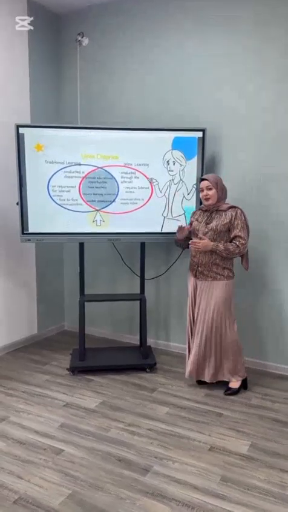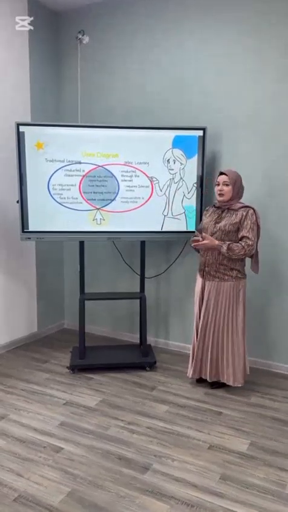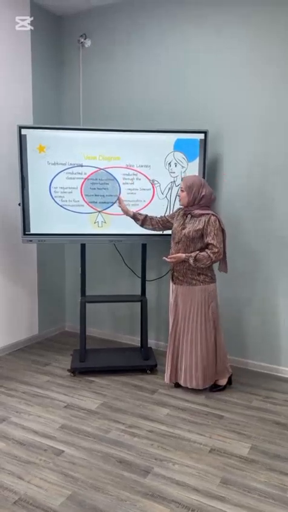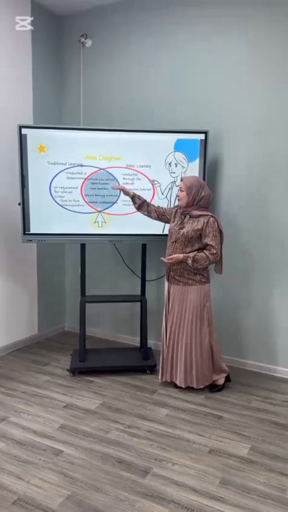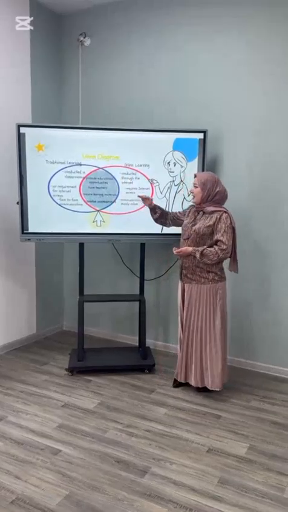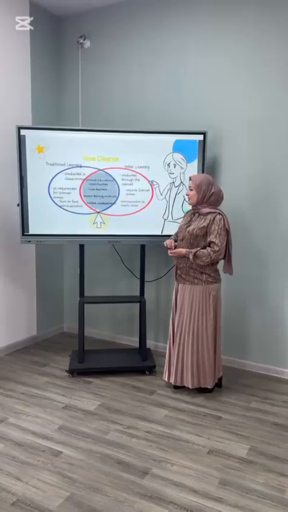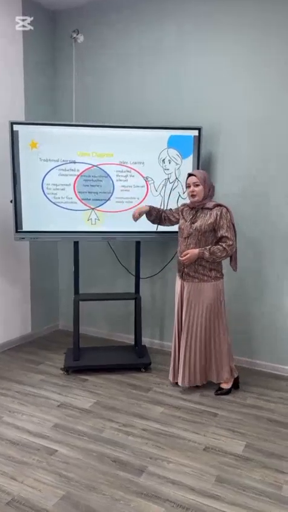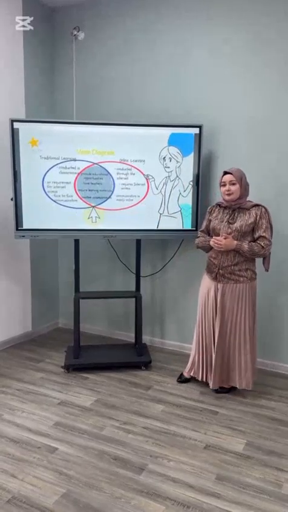Again, look at the Venn diagram. Now we need to collect information from the middle of the circle, which is based on the similarities: provide educational opportunities, have a teacher, require learning materials, involve assessments. This information will be used in the similarity paragraph.